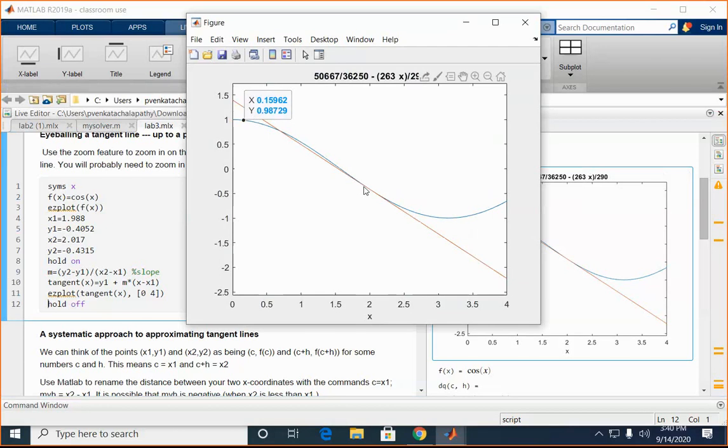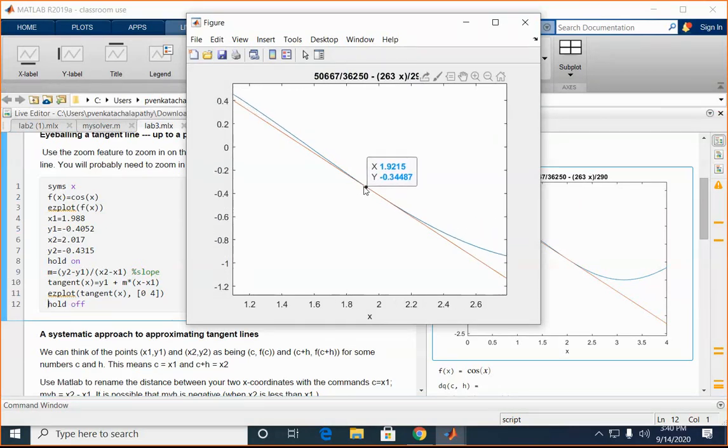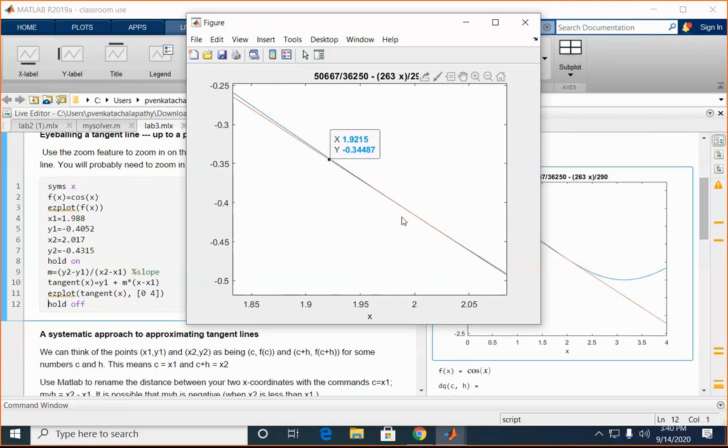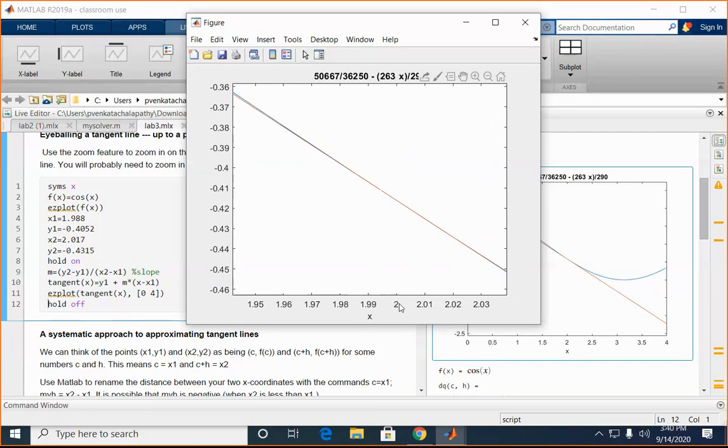So when I zoom in, can you see? The blue one is actually a straight line, which is also intersecting our tangent line. Now I can clearly say that at the point 2, it is almost close to the tangent line, and also it is a straight line.